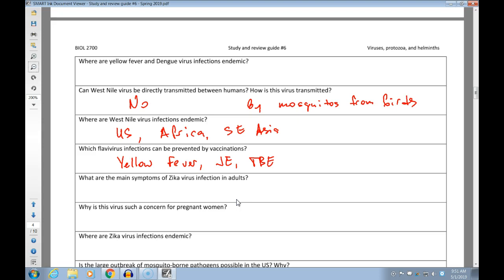It's all listed there, okay? Microcephaly in fetus. Zika virus infections are endemic in Africa, tropical countries, Africa, Southeast Asia, South America.